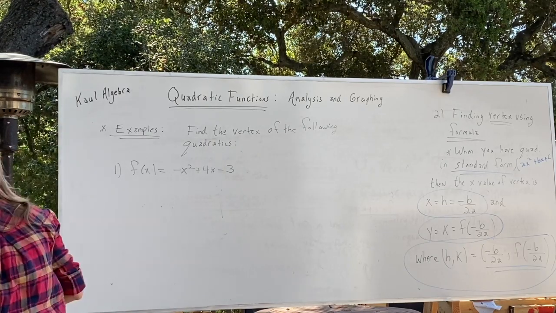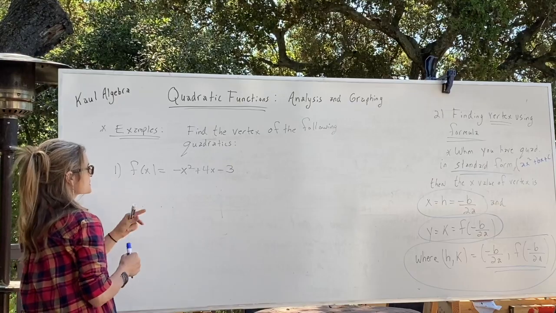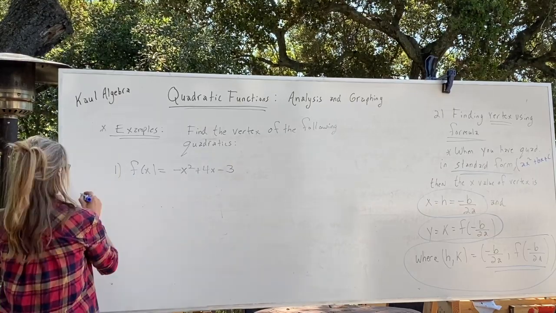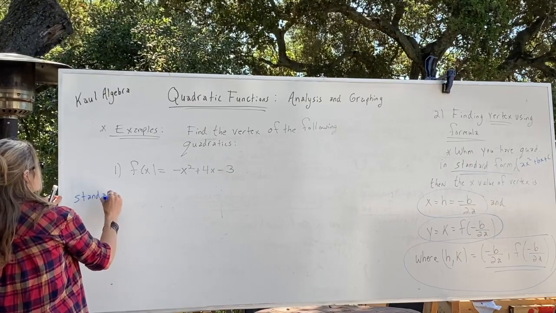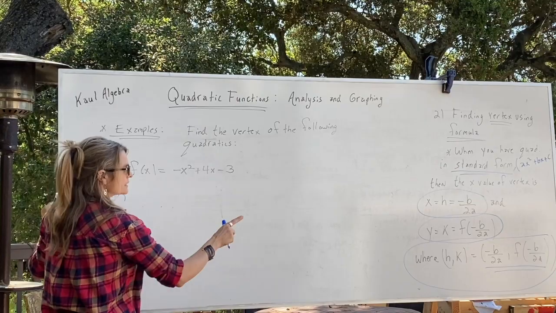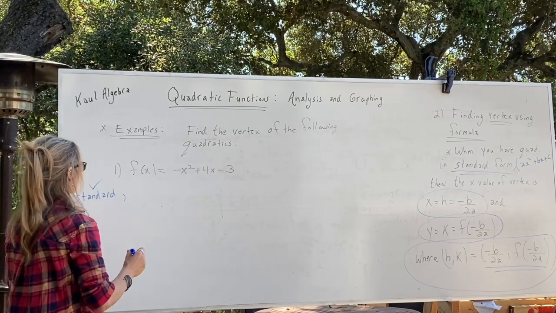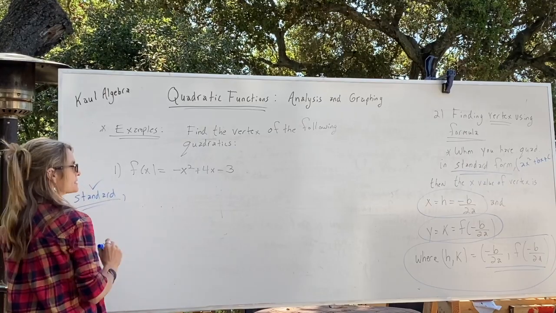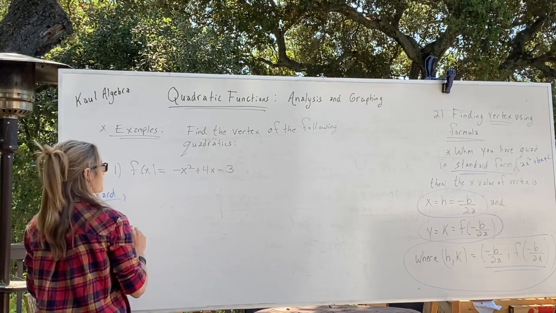And to do this, what I'm going to do is first see if it's in standard form. So it is in standard form, and I need my a and b values. Since it's already in standard form, the easiest method is to identify what my a and b are.